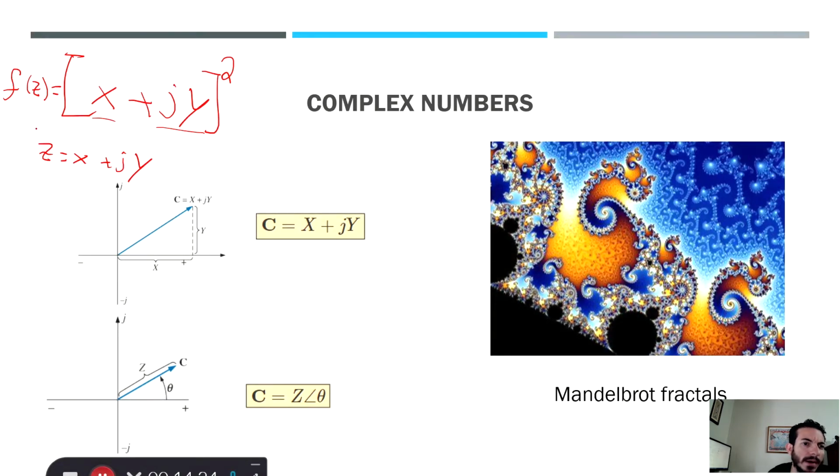And Mandelbrot found that depending on the functions, sometimes it will build a circle, and sometimes it will build a square, and sometimes it will build a function that would tend to go to infinity.